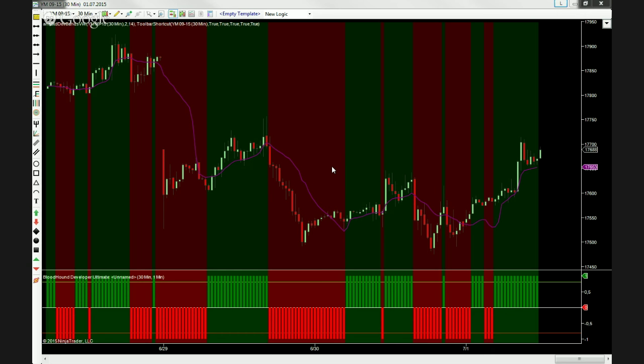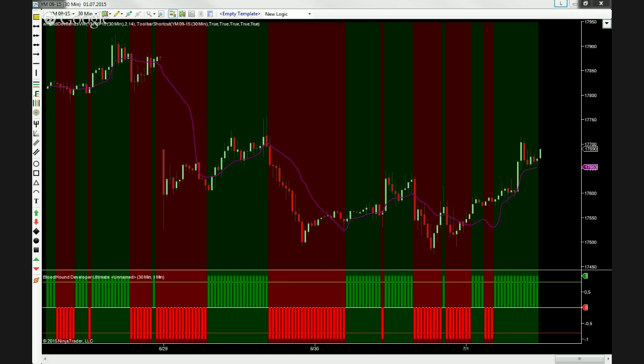In addition, I don't want to be going short in an oversold scenario here. So we have a way of filtering out oversold and overbought scenarios, and we do that by assessing the market value area. So it's not going to be the RSI, and it's not going to be the Bollinger Bands either.